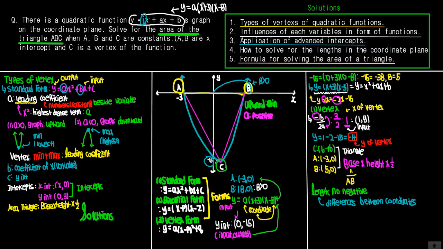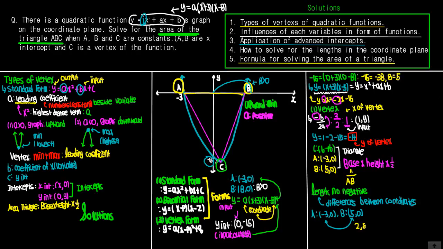This is what the length of our base is in every single case. So our point A is negative 3 comma 0, and our point B is 5 comma 0. The difference between them is going to be 2 or 8. There are 2 cases: 2 is the subtraction, 8 is the addition.